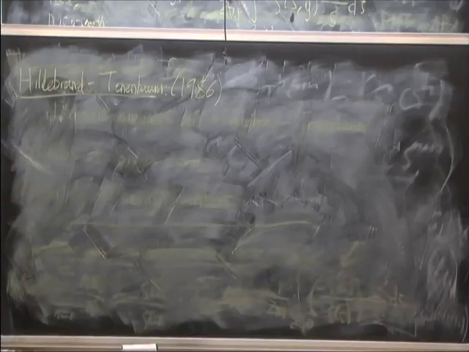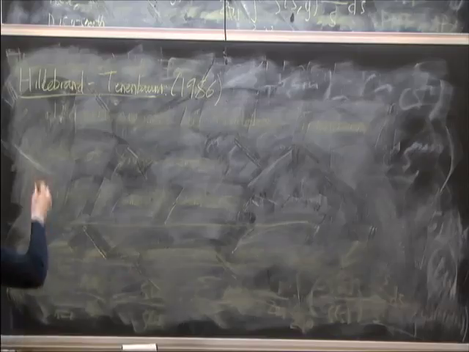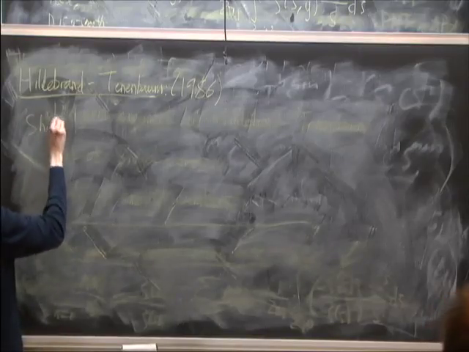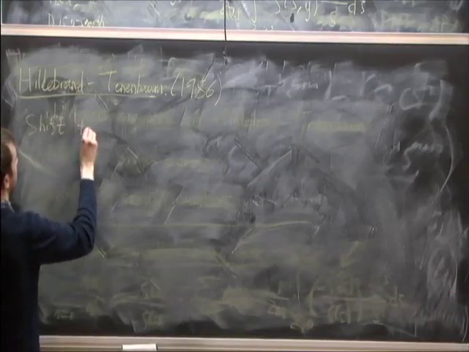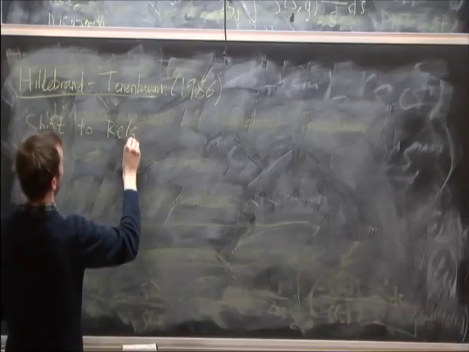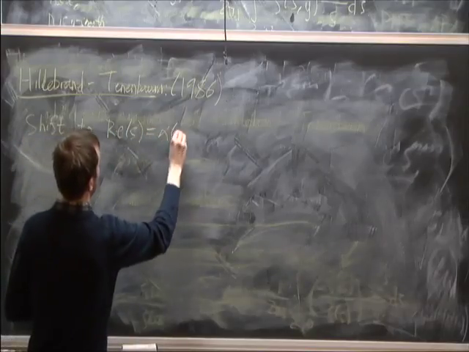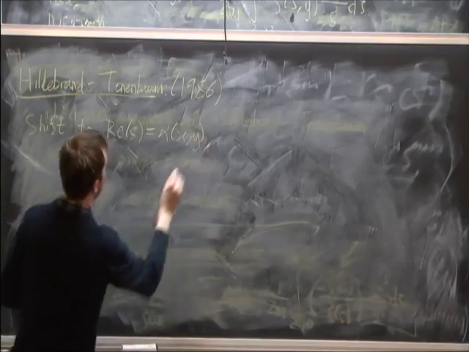Okay, so what they said is we're going to shift the line of integration to a specially chosen place. So shift to the line real part of s is alpha(x,y).